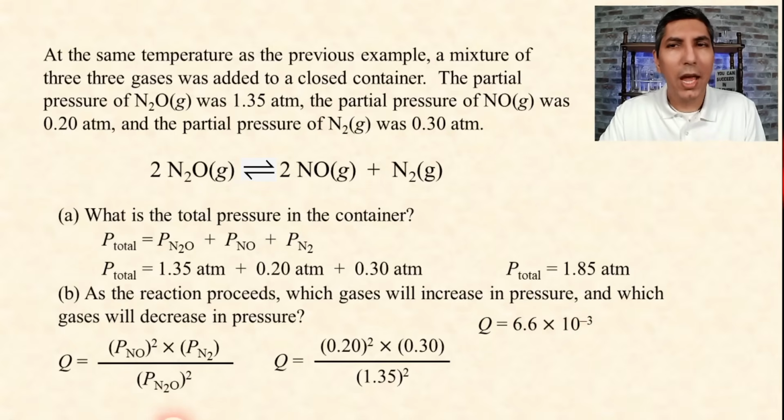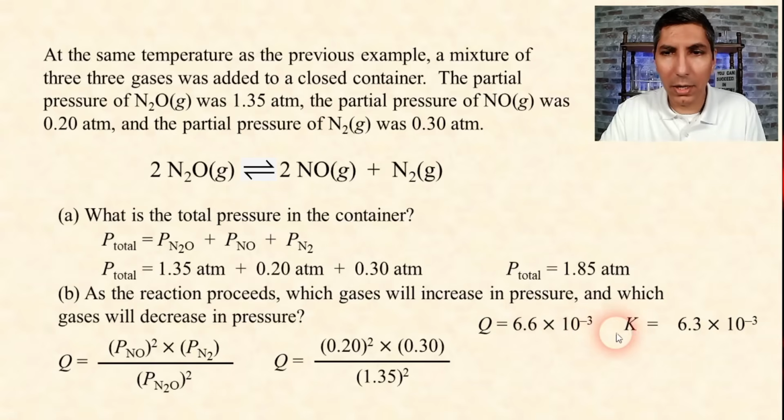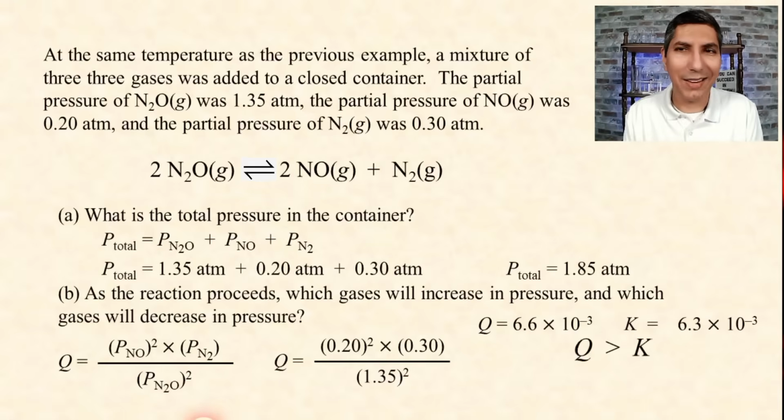And once I get the Q, I compare that to the equilibrium constant. Now, I'm at the same temperature as I was in the previous example, so the equilibrium constant's the same. So the Q is 6.6 times 10 to the negative 3. The K is 6.3 times 10 to the negative 3. So it looks like Q is a little bit greater than K.